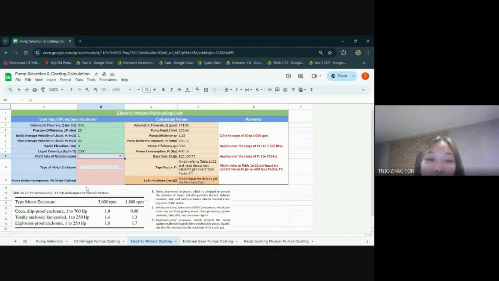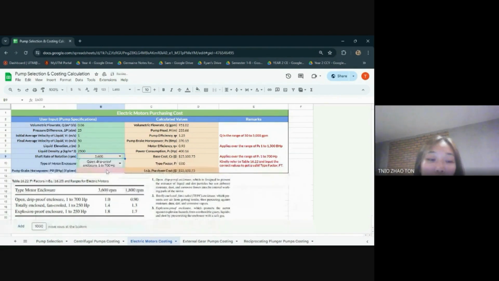So from here we know that the type of motor enclosure here is open drip-proof enclosure. Then let's say the shaft rate of rotation is at 3600 RPM. Then we will get the FOB purchase cost.